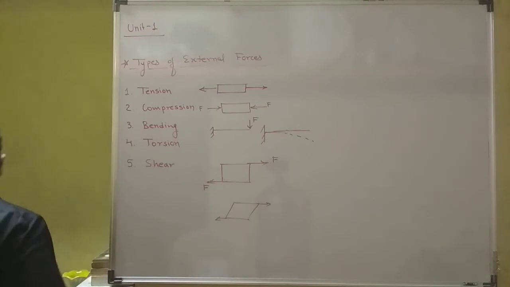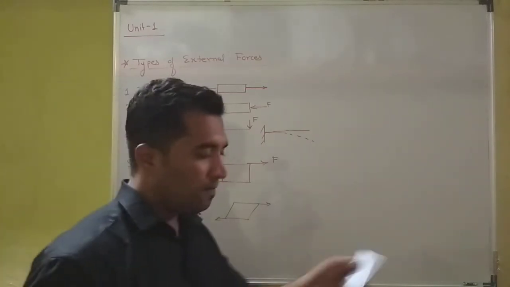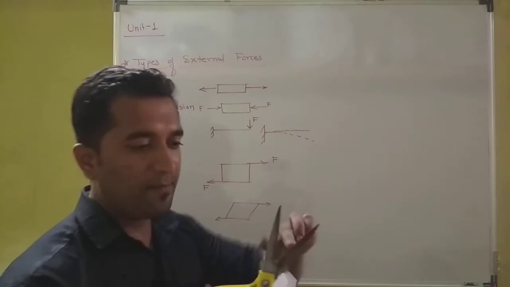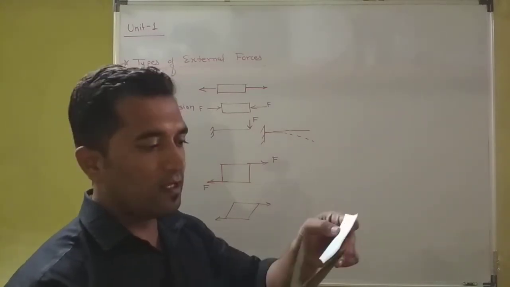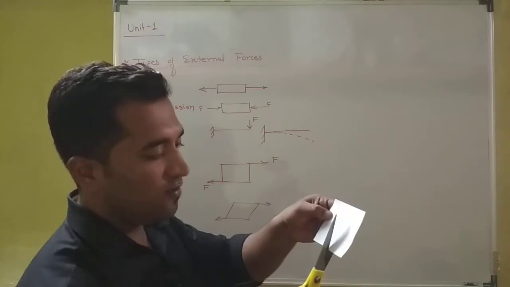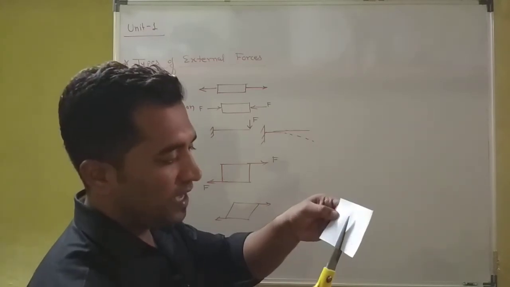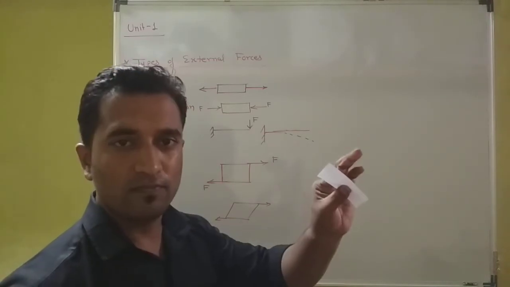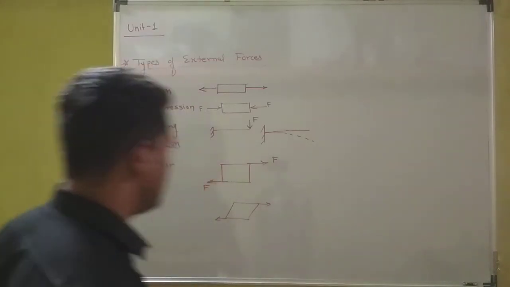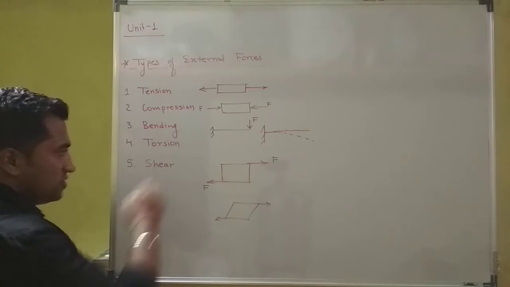Now the best example for this is a scissor, which is applying equal and opposite direction force in parallel. Now if I do like this, what will happen? Body will get deformed, isn't it? So this is the best example for the shear force.